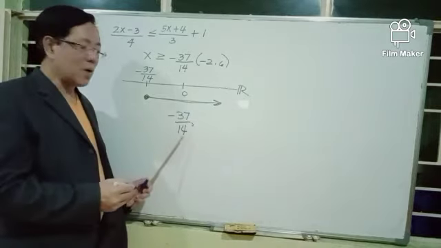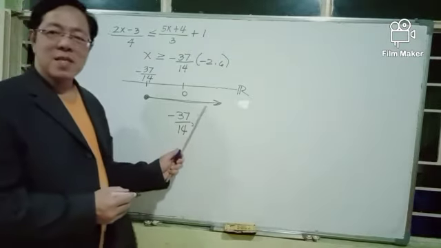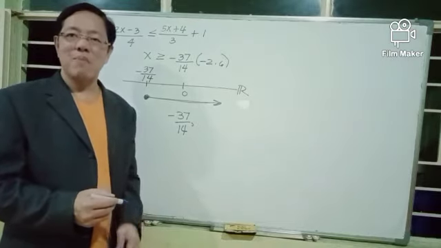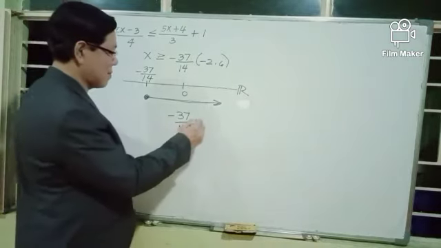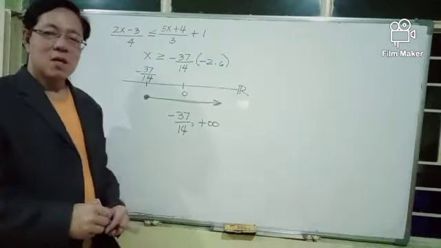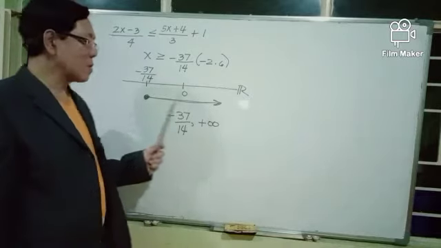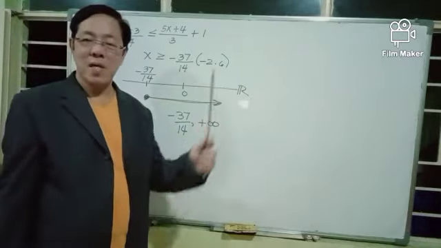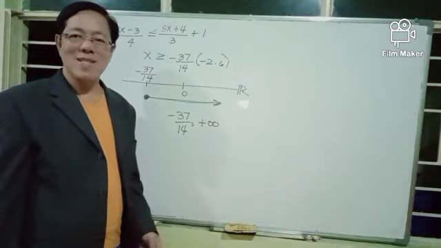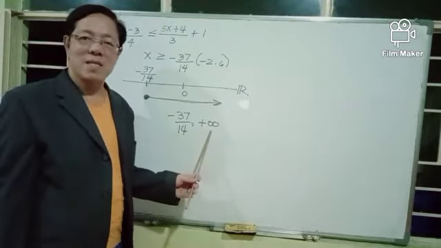After the left endpoint, you write a comma, and then you write the right endpoint. For this particular example, the right endpoint is represented by positive infinity. Because as indicated by this arrow, the set of solutions includes all the real numbers up to the very, very large positive real number, and the very, very large positive real number is represented by this symbol, positive infinity.